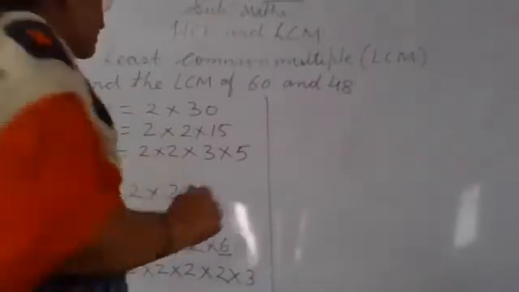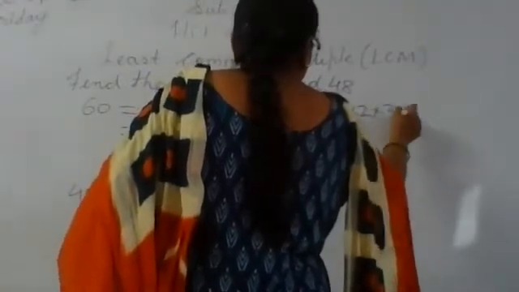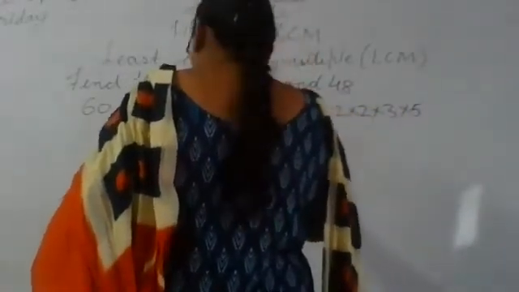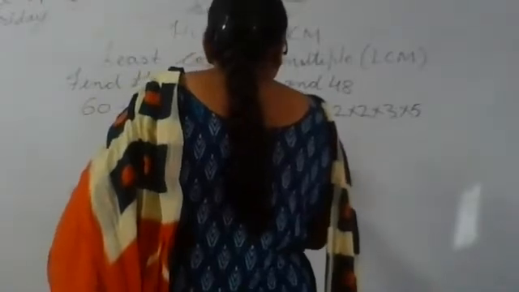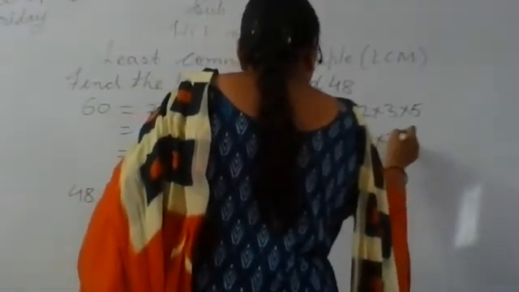Now take the last line. 60 equals 2 multiplied by 2 multiplied by 3 multiplied by 5, and 48 equals 2 multiplied by 2 multiplied by 2 multiplied by 2 multiplied by 3.